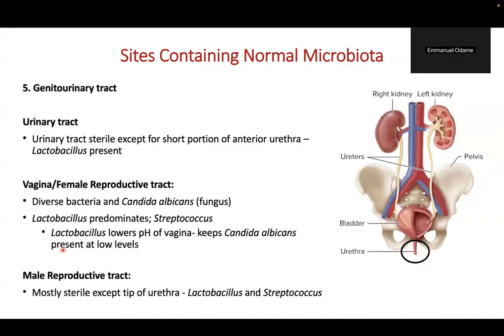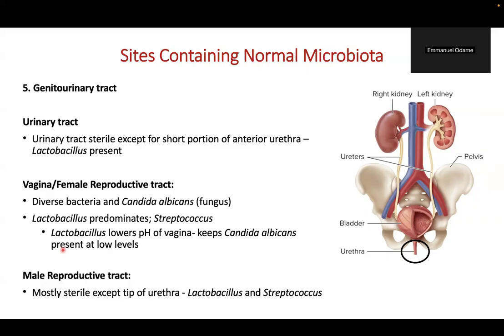So the next place to talk about should be the genitourinary tract. The urinary tract is sterile except for a short portion of the anterior urinary tract where Lactobacillus is present. In the female reproductive system, there are more diverse bacteria.